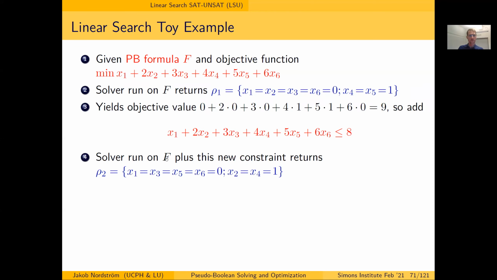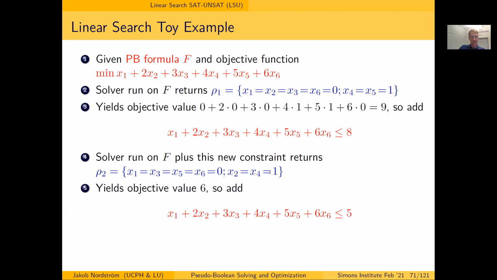Good. We run the solver again on the original formula f plus this new constraint in red. And now suppose it sets x1, x3, x5, and x6 to 0, but x2 and x4 to 1. Then the objective value is 6. So we add a constraint saying that we want the objective function to be less than or equal to 5.